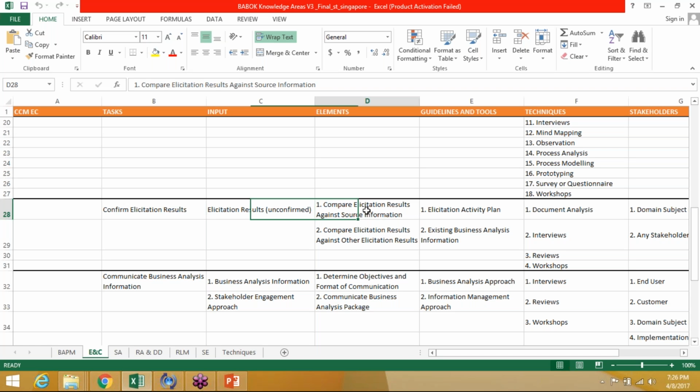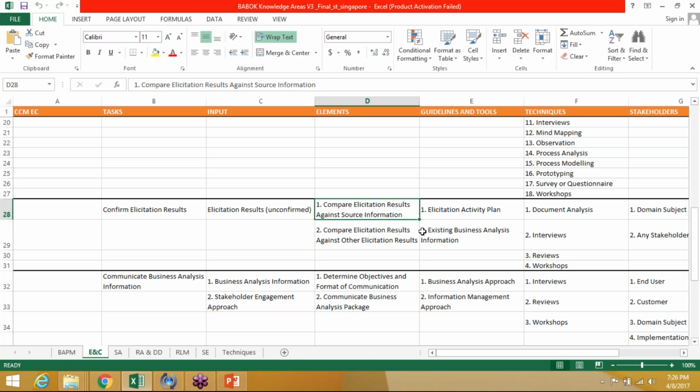Those two elements are: compare elicitation results against source information, compare elicitation results with other elicitation results, and also arrive at consistency in the information that you have gathered because of elicitation.